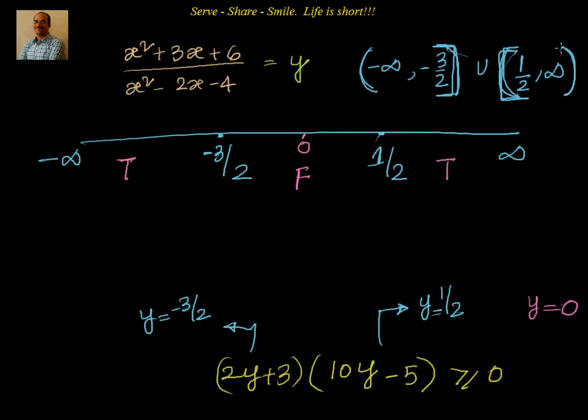So the range will be minus infinity to minus 3 by 2, and then union 1 by 2 to infinity. Let us see whether minus 3 by 2 and 1 by 2 come or not. Just give me a minute. So that's the range of this particular function. We have minus infinity to minus 3 by 2, minus 3 by 2 included, union 1 by 2 comma infinity.